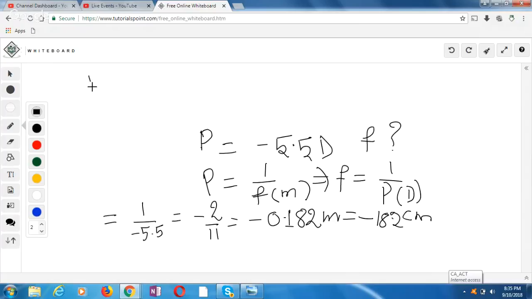The second question, the power has been given as 1.5 diopter.